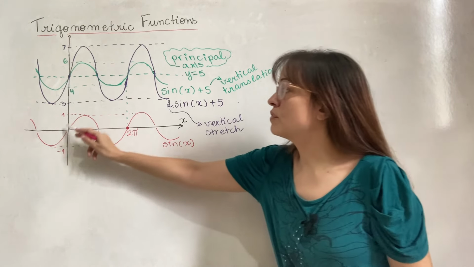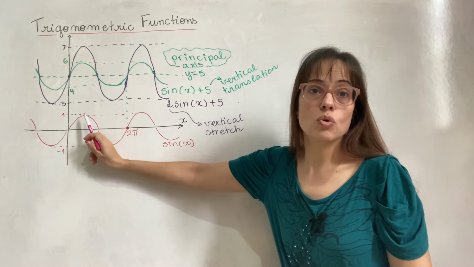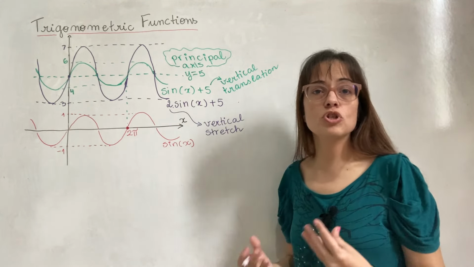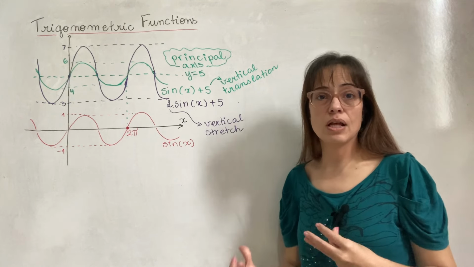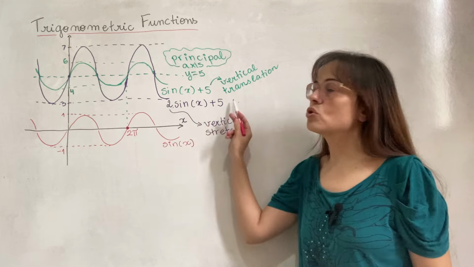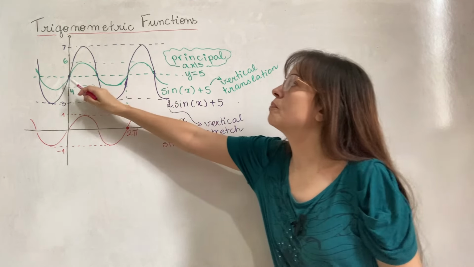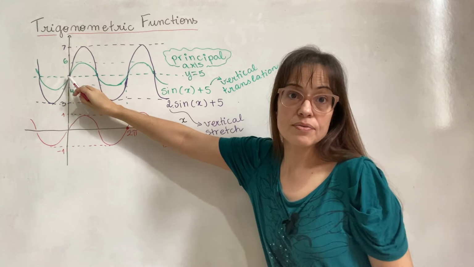So the sine function originally started at 0 and it starts by going up. But when you're talking about trigonometric functions and allowing for these graphic transformations, the function is not always going to start at 0. If you look at the purple function, for example, it's starting at 5.